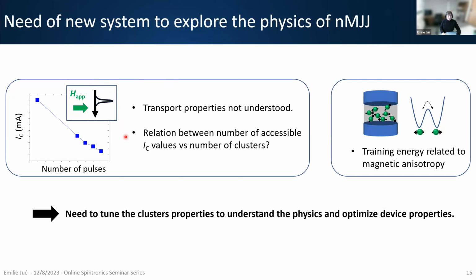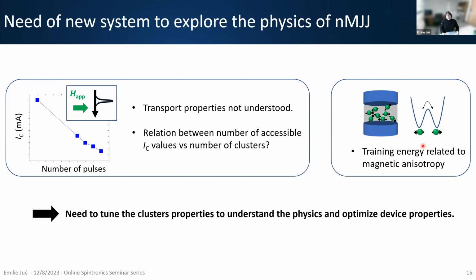And additionally, there are several things that we would like to study related to the cluster properties. For example, we'd like to know if there is a relation between the number of accessible states of critical current versus the number of clusters available in the barrier. Finally, I mentioned earlier that the training energy is related to the magnetic anisotropy of the nanoclusters.